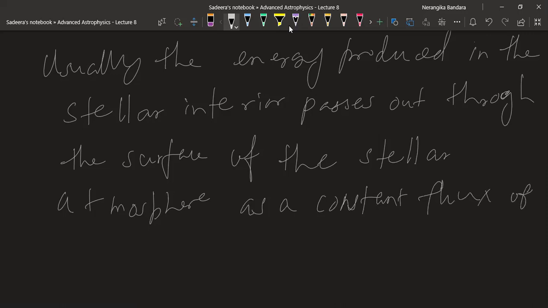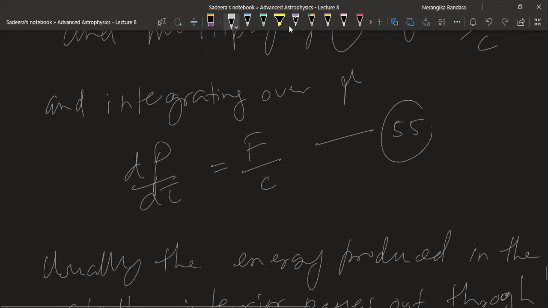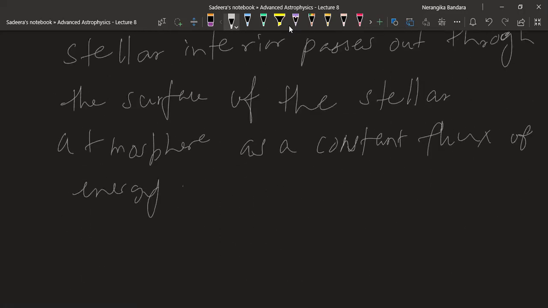Okay, I guess that paragraph should make sense. That's a pretty straightforward statement, which means the flux F is independent of depth.